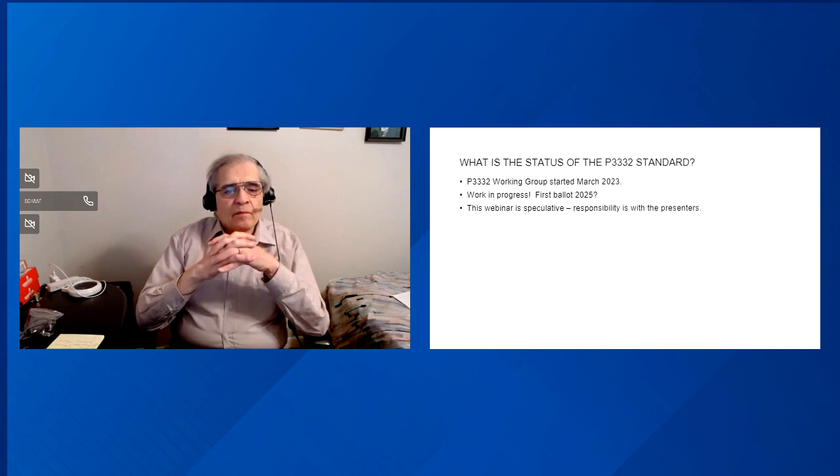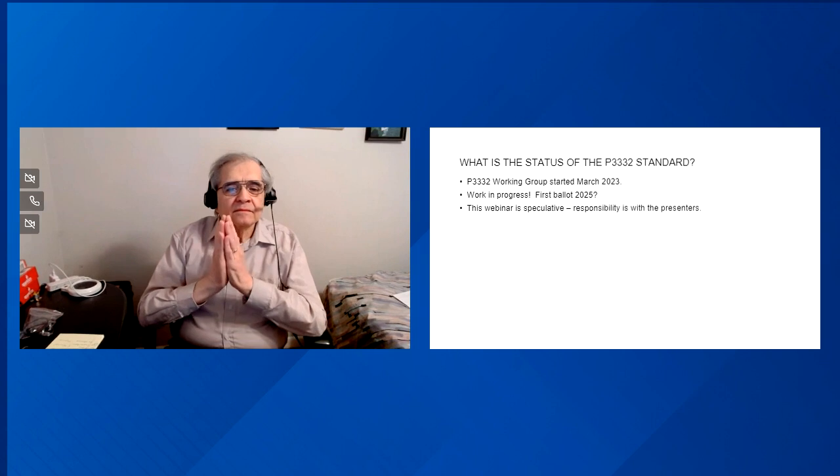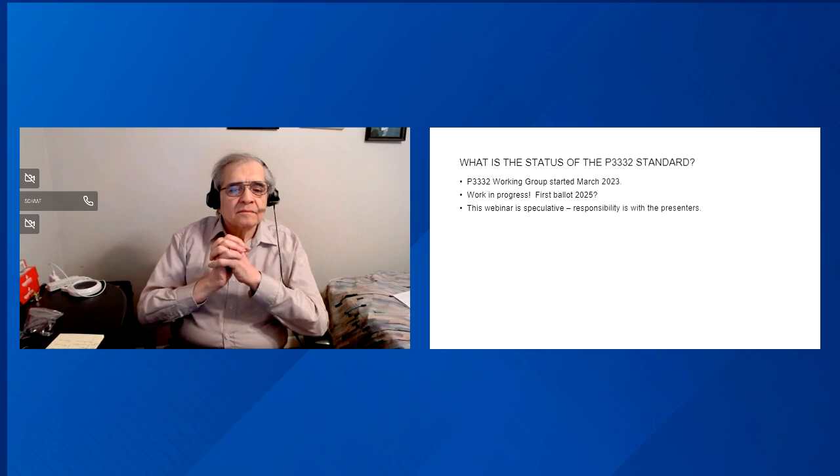More what-is. What is the status of the standard? The status is that the working group started a year ago, nearly 2 years ago. The work is in progress, and the informal plan, not a confirmed plan, but the informal plan is to have a first ballot next year.